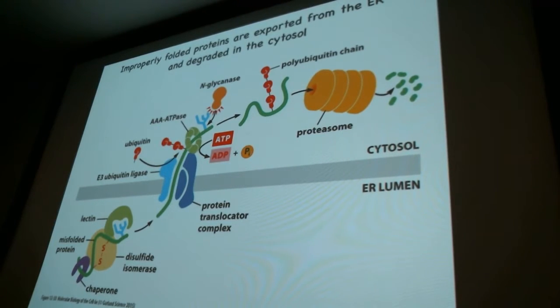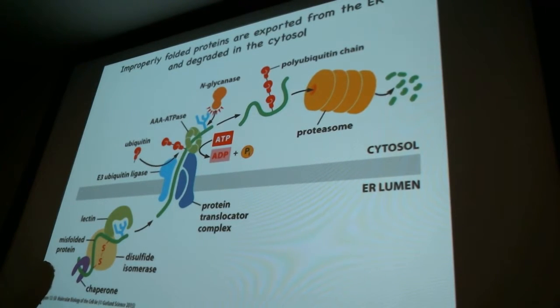So what the cell does is to basically send these proteins to a specific translocator. There are other chaperones, like disulfide isomerase and other lectin-like proteins that recognize the sugar part. And this sends the unfolded protein to these translocators. They are membrane proteins on the ER whose job is to let the bad proteins come out.